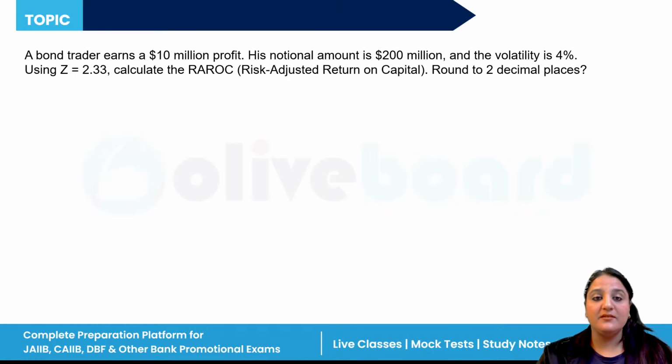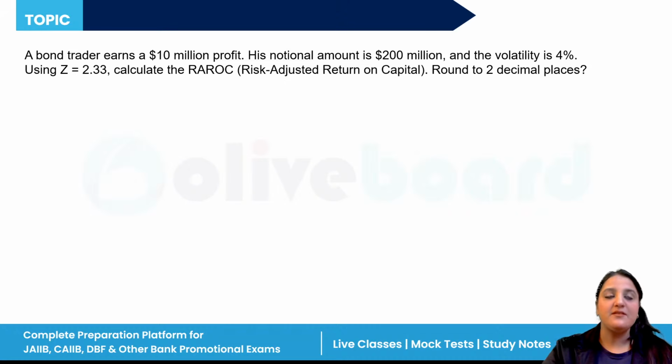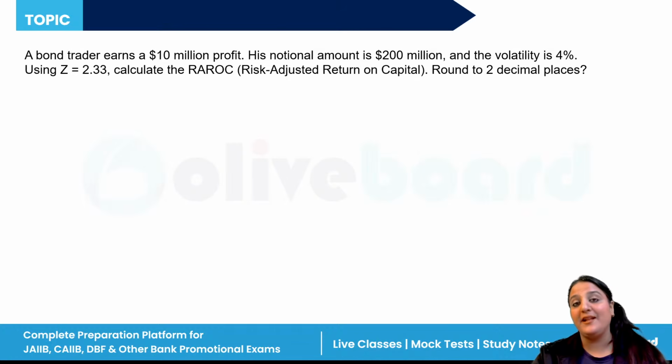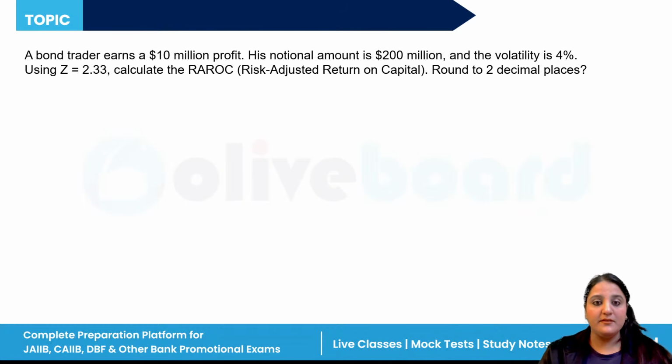RAROC is basically a financial metric that measures the profitability of an investment, project, or business by adjusting it for the inherent risk. It is a very important tool for banks and financial institutions because it helps them manage the risk arising from lending activities and also compare different types of investment. So can you tell me what is the RAROC here?